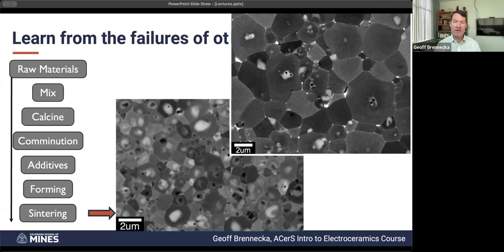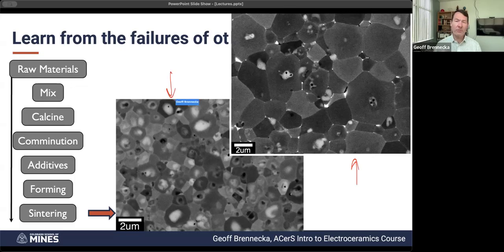In this case, it was controlling the titanium to barium or bismuth ratio. Very small differences made huge differences in the chemical distribution. These are backscatter SEM images, and the brighter the color, the more bismuth, the higher the relative atomic number. So this sample ends up giving you just garbage electrically.